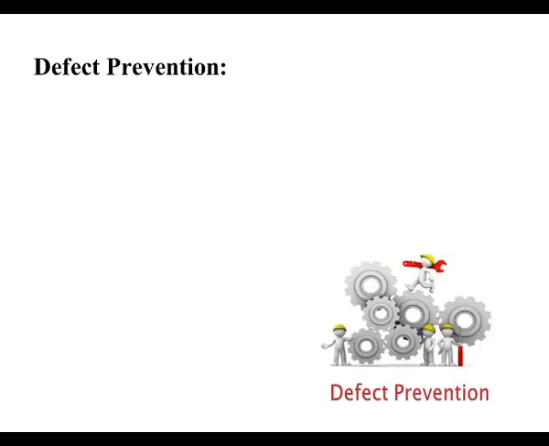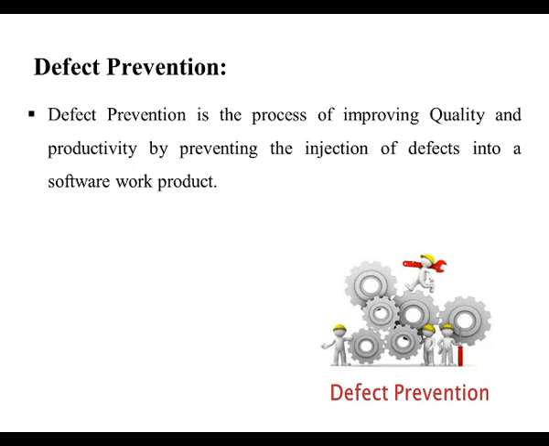Defect prevention is the process of improving quality and productivity by preventing the injection of defects into a software work product. Defect prevention is the best method to eliminate defects in the early stage of testing instead of finding the defects in a later stage and then fixing them.